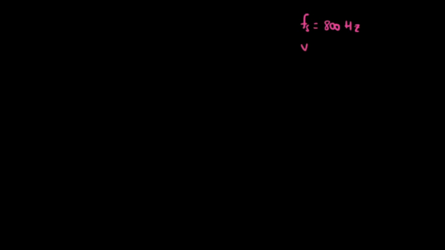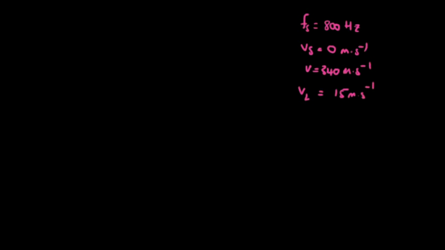We have the VS. VS is stationary, so it's 0 meters per second. We know that V is 340 meters per second, which is the speed of sound in air. And we also know that the velocity of the listener, VL, is equal to 15 meters per second.